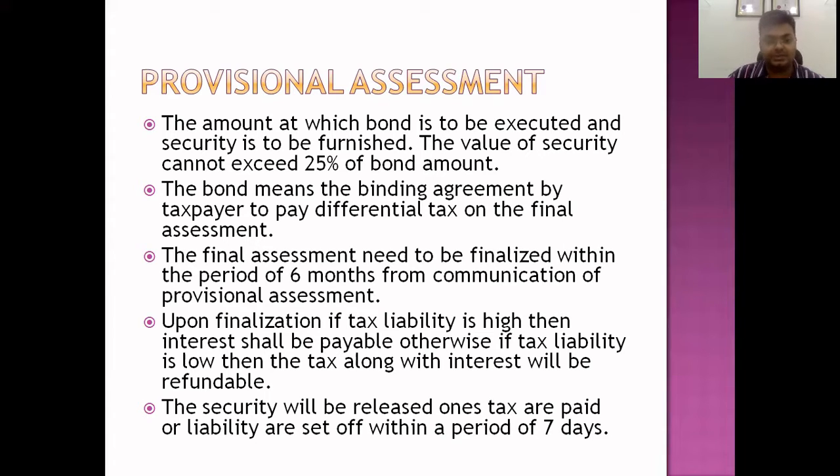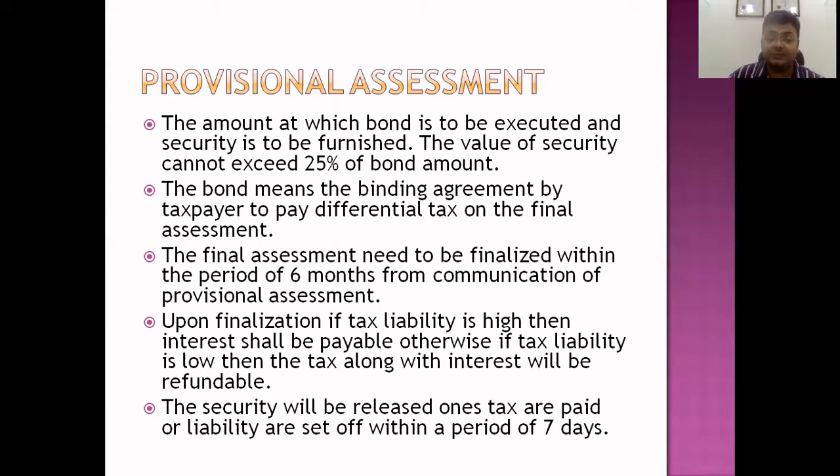So now provisional assessment has been done, but there ought to be a time for final assessment. It is necessary, as the person has to be finally assessed, not just provisionally assessed. The time limit for final assessment is 6 months from the communication of the provisional assessment. So within 6 months, the final assessment will be done by the officer.